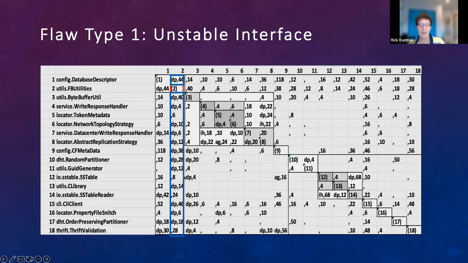That's the DP, and the co-change numbers are very high. So this is an influential file. Lots of other files depend on it, and lots of files co-change with it. And it changes very frequently. So this is clearly something suboptimal. You want interfaces to be stable so that when they change, the dependents don't change. And this file is not achieving that.